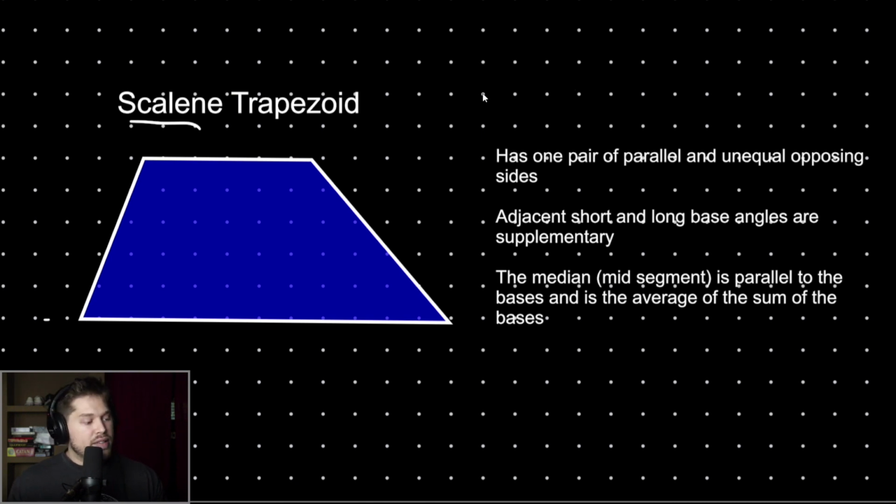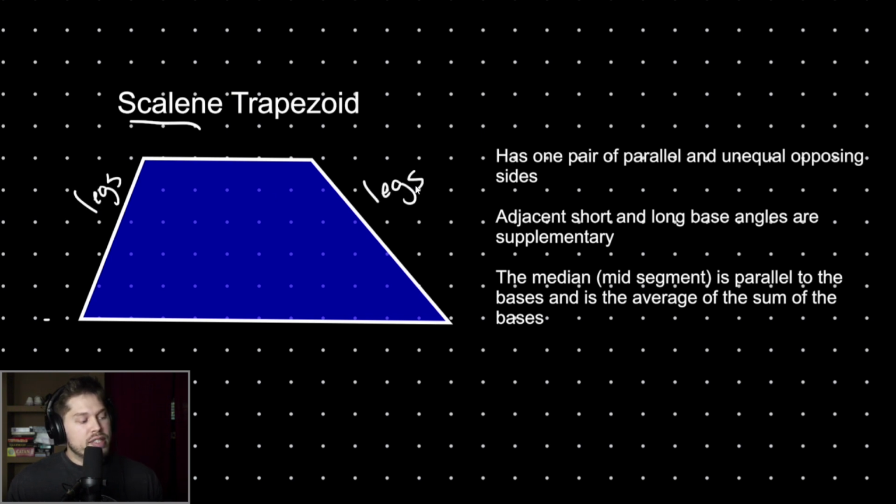And so that word, scalene, is the same for trapezoid. The two legs in a scalene trapezoid are different in length. Okay, so a standard trapezoid you see is most likely going to be a scalene trapezoid.